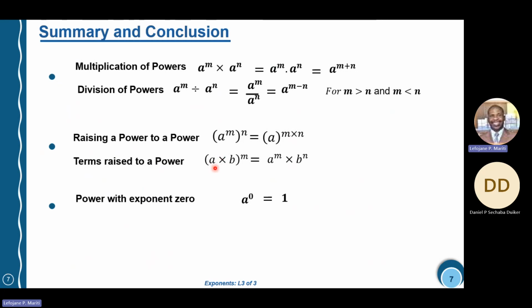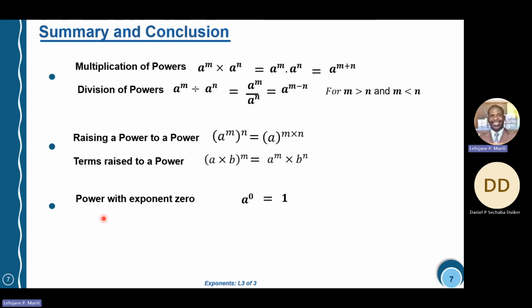What I must highlight here is that you've got different bases. And because we're talking about raising, it does not matter. We're not adding. All that happens is that every exponent within the bracket gets multiplied by the exponent outside. We end up with a to the power m multiplied by b to the power n.